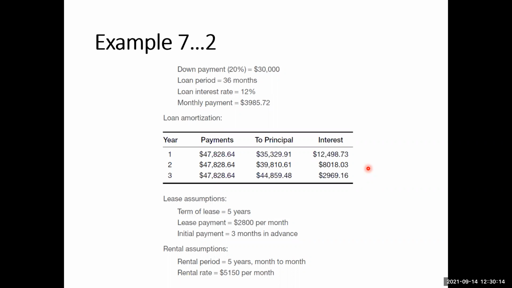Yes, so the down payment is $30,000. The reason for the down payment is that the bank actually wants to make sure that the contractor to whom we are giving a loan is capable.